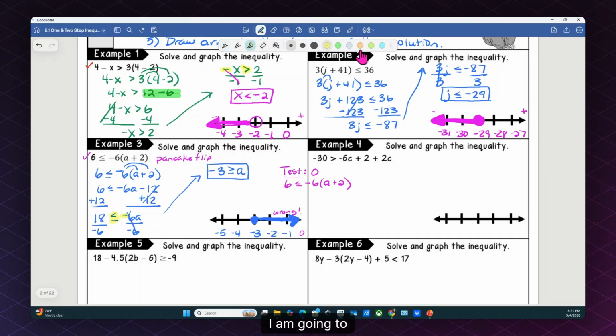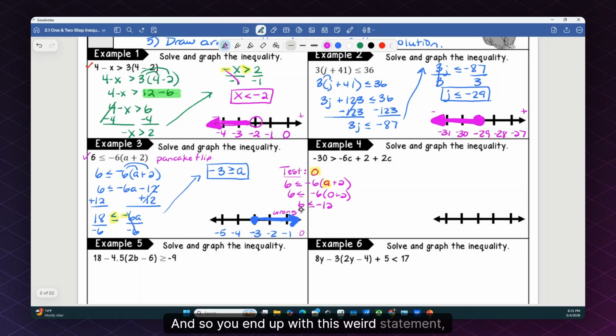I am going to plug in this 0 anywhere I see a variable. So 6 is less than or equal to negative 6 times 0 plus 2. Well, that 0 plus 2 is 2. So 2 times negative 6 is negative 12.